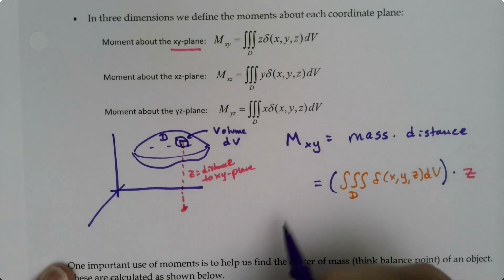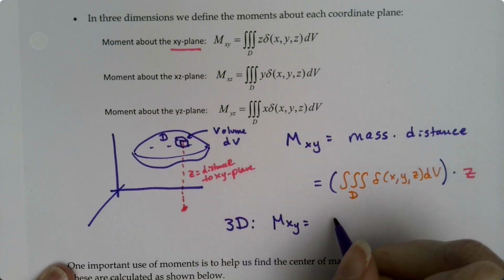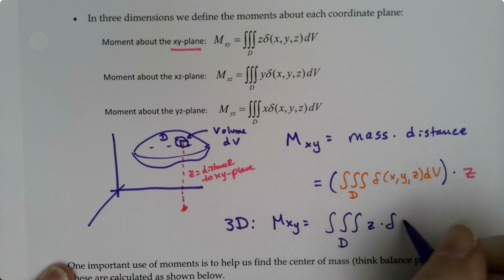Rewriting all of that, mxy is, and this is three-dimensional that I'm doing, the triple integral over the solid of z times delta xyz dv.